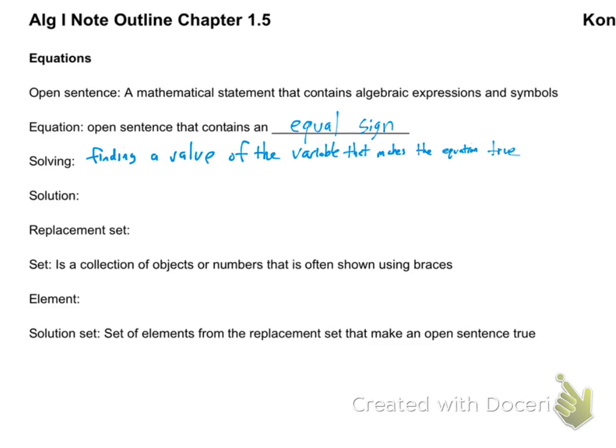Finding a value of the variable that makes the equation true. That's what solving is all about.